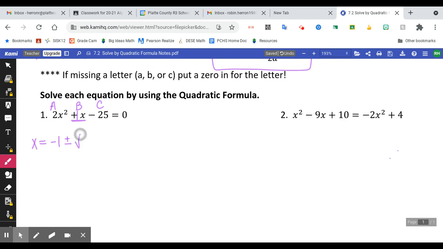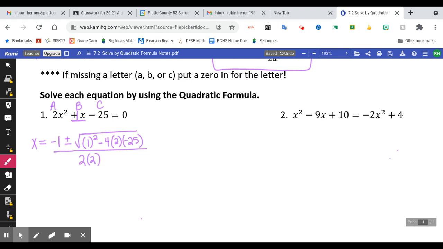The square root of B squared, so 1 squared, we're always going to use parentheses there in case it's a negative, minus 4, 4 is going to be the same number every time, times A is 2, times C is -25, divided by 2, always stays, and then A, which is 2 again, okay?